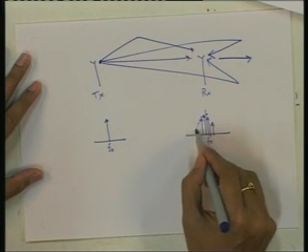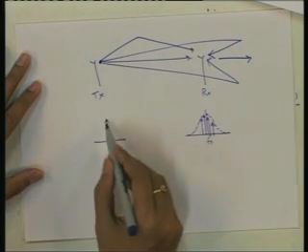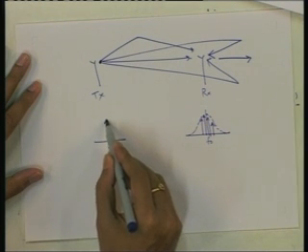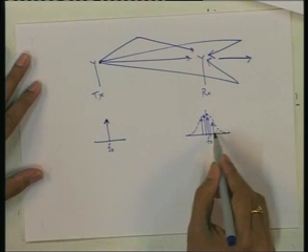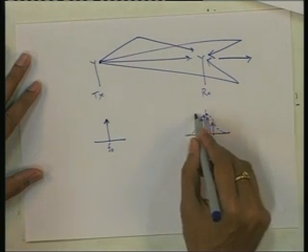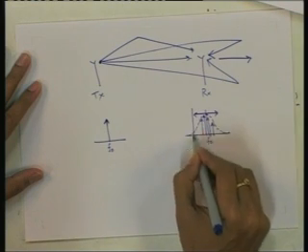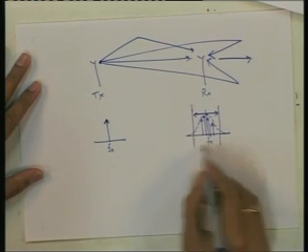So, there will be a signal received around f naught, but if we transmit a single frequency, we will not receive a single frequency. The frequency will be spread out in the frequency domain, and how much it is spread is called the Doppler spread.